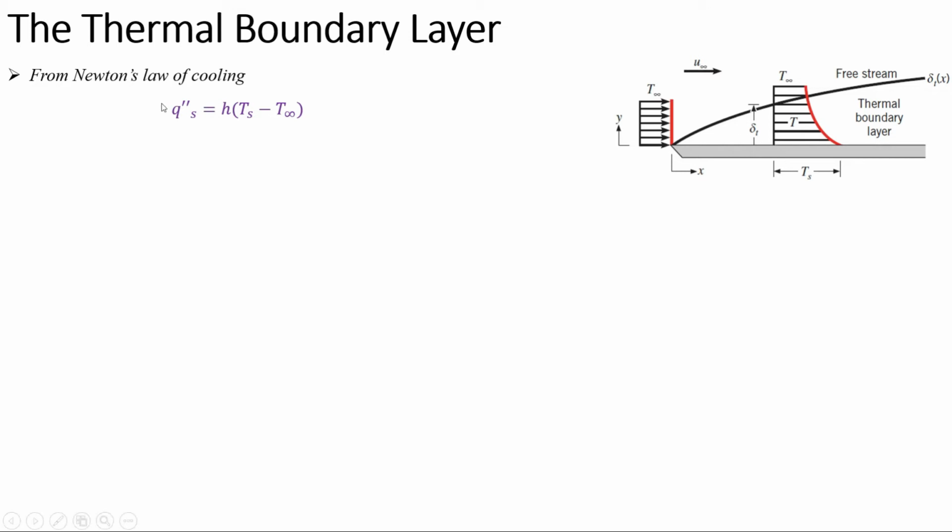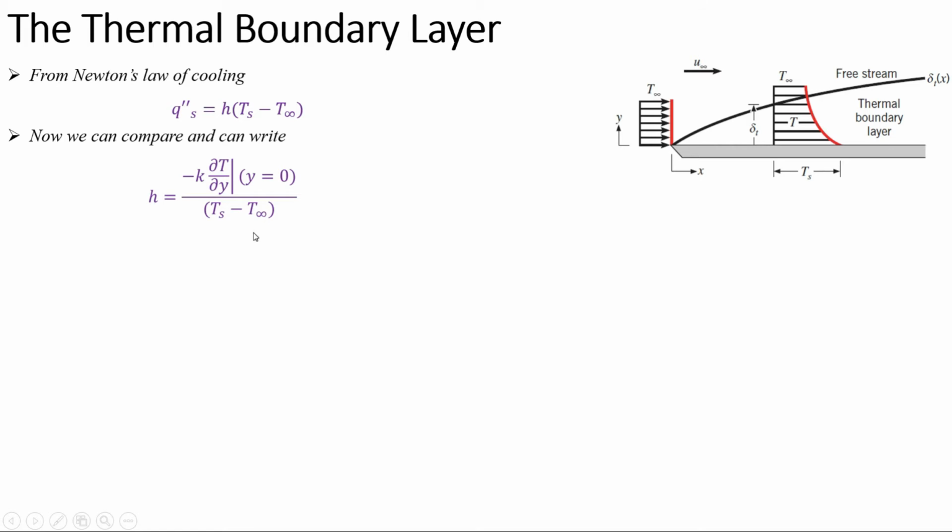So we can compare Fourier's law of heat transfer and Newton's law of cooling, because first heat will transfer due to conduction and then convection will occur. So we can compare both, and we can write h is equal to minus k dou T over dou y at y equals 0, divided by (Ts minus T infinity).